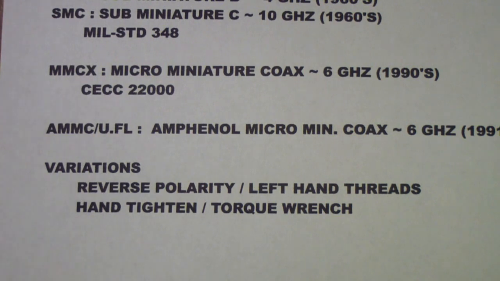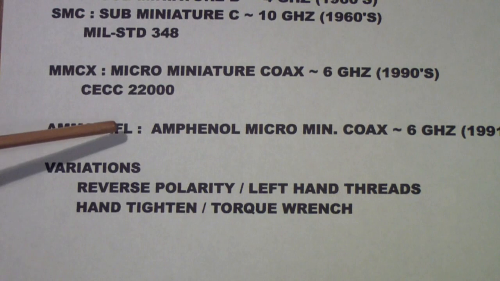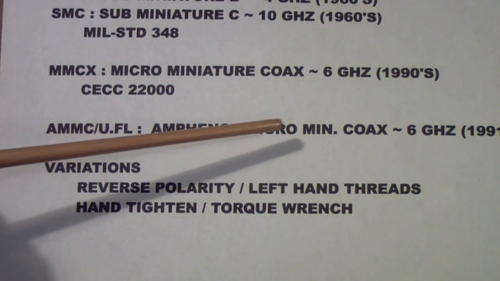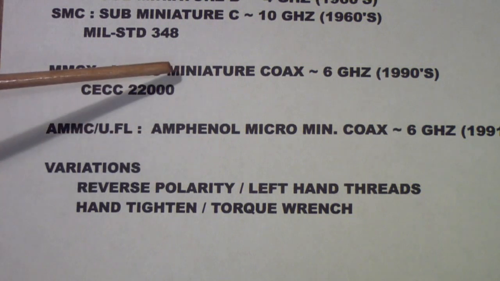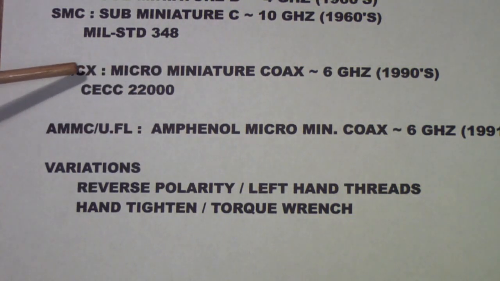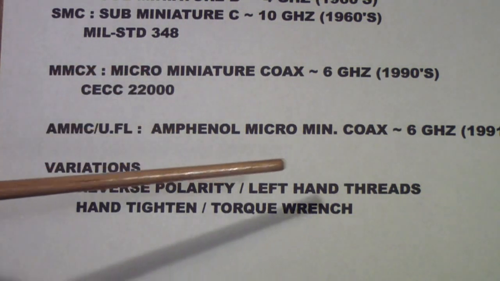And then some of the newer micro-miniature coax connectors, like the MMCX, which was actually developed to a European standard, and the AMMC, also sometimes called the U.FL, which is a micro-miniature coax that actually preceded the MMCX by a little bit.